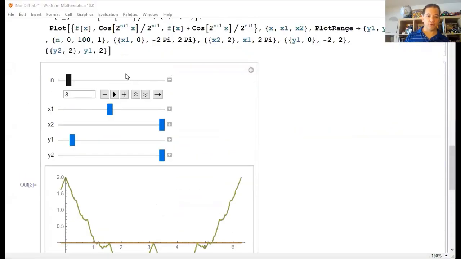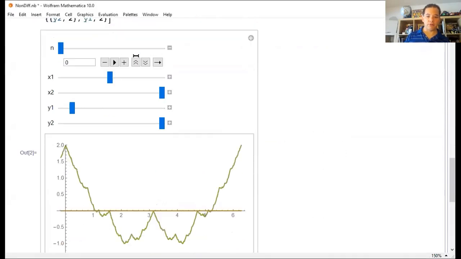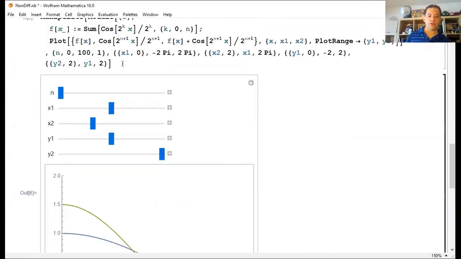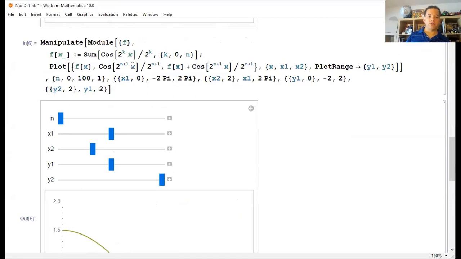I just wanted to show you that little animation of what happens when you use the sine or the cosine. The function that he used was to add up cosine. So instead of using the h function, he used the cosine function. Think of it that way.